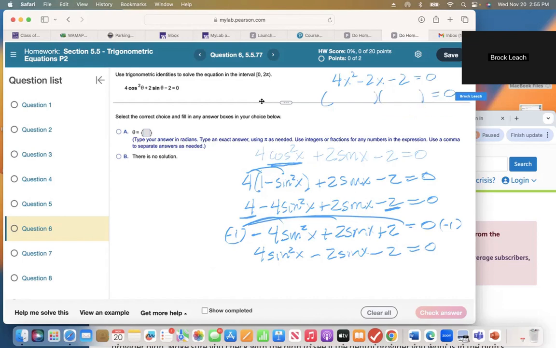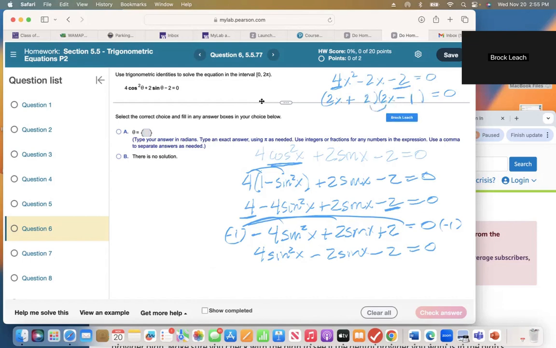It's a little bit harder when we have the 4 out here. To get 4, it's either 2 times 2 or 4 times 1, so I'm going to try 2 first. And to get negative 2 here, my signs inside have to be opposite signs, and it's going to be 2 and 1. So let's try 2 and 1.